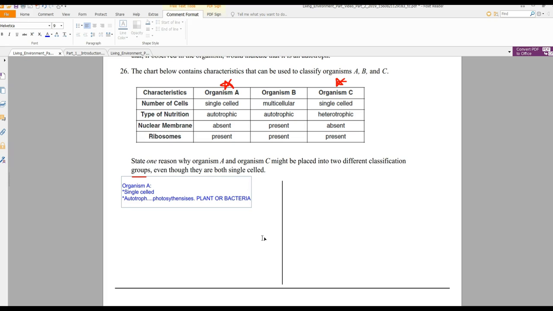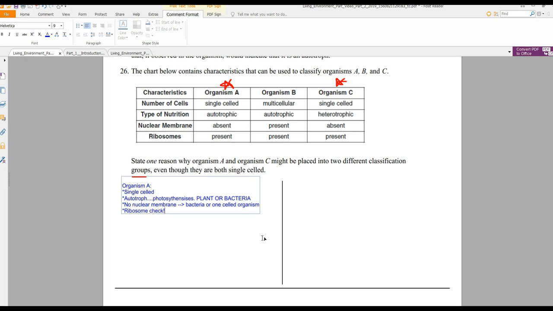Next, it's missing a nuclear membrane. Absent. No nuclear membrane means that this is probably some kind of bacteria or one-celled organism, because plants have organelles and they have a nucleus and a nuclear membrane. It does have a ribosome.